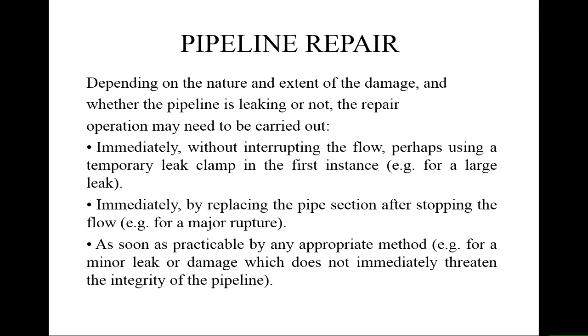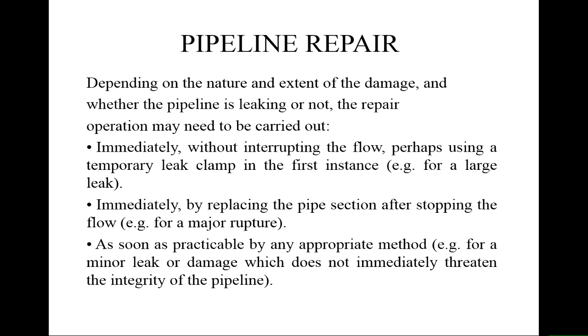Immediate repairs can be carried out by replacing sections of the pipe where leaking might have occurred, and for that you need to use a bypass. So if you have a leaking pipe, let's say that's the pipe, and you have a leak somewhere here, then the option is to bypass.